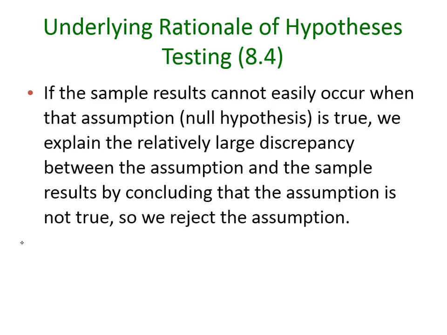So we have to reject that assumption. We're assuming that we know the null hypothesis. It doesn't happen very likely that that null hypothesis is true and my sample is right at the same time. So one of those things has to be wrong. And since I made an assumption about my null hypothesis, that's probably the piece that's wrong.